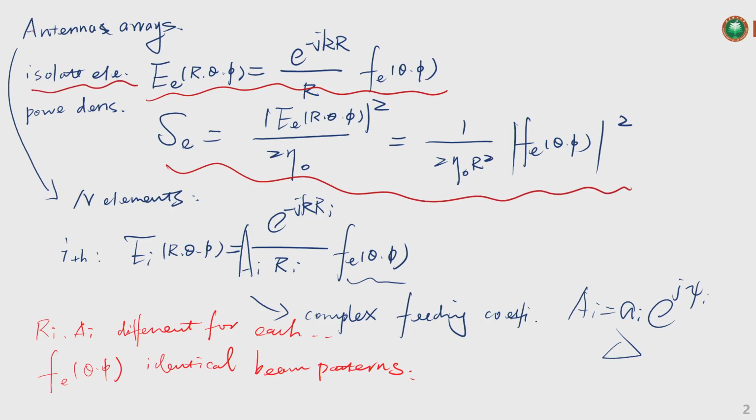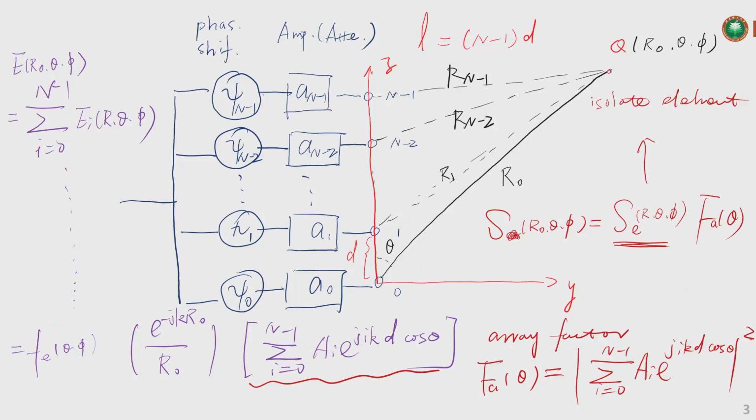We do not need to consider the whole array, just one element. So it equals the absolute value squared of this part, which is the power density by an isolated element, and then we multiply by the array factor. Then we can get the power density generated by the whole antenna array.